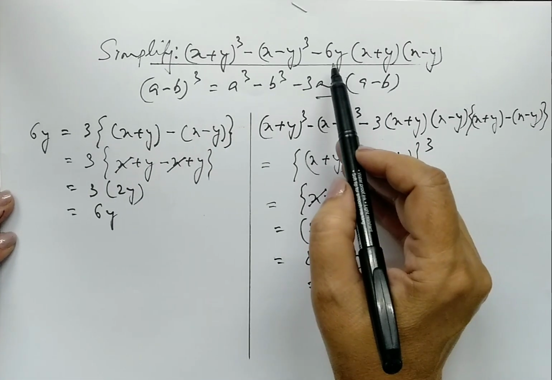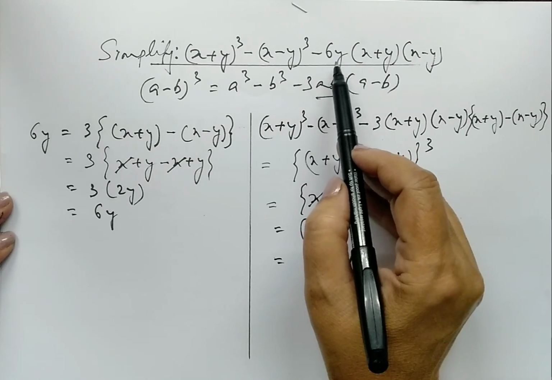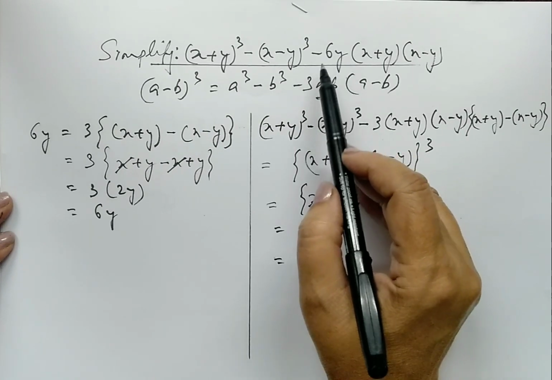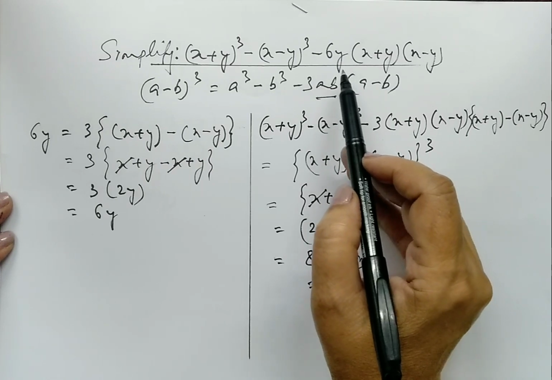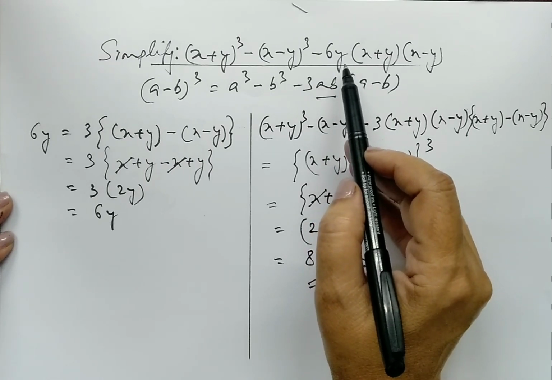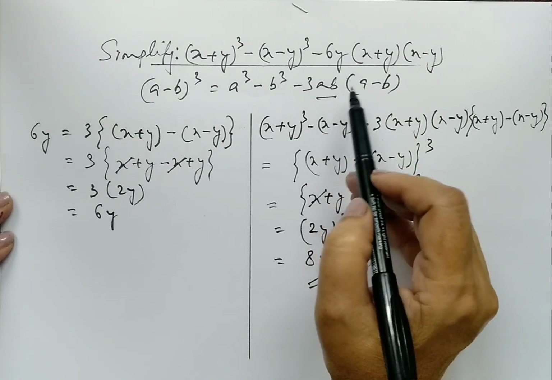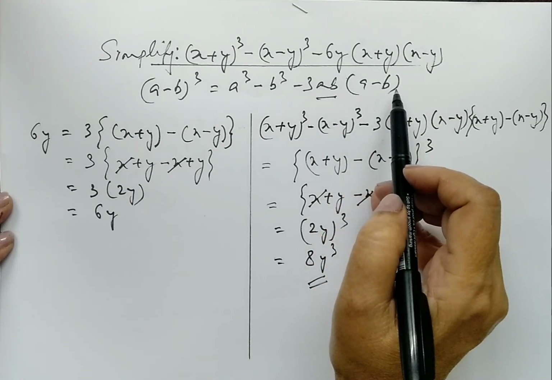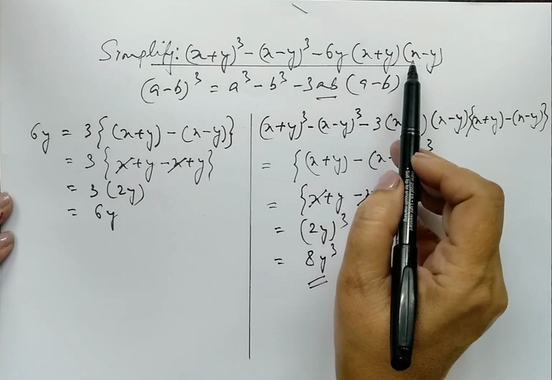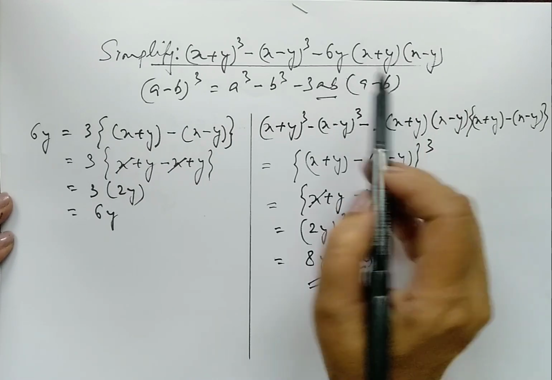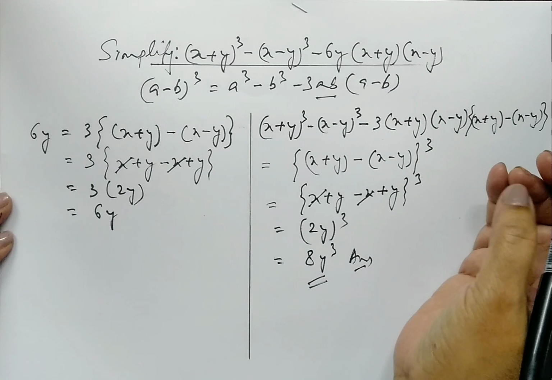So we took something like 6y, which seemed odd to our eyes: what is 6y doing here? We do not have our a minus b clearly. We have ab, but we do not have the difference of a minus b.